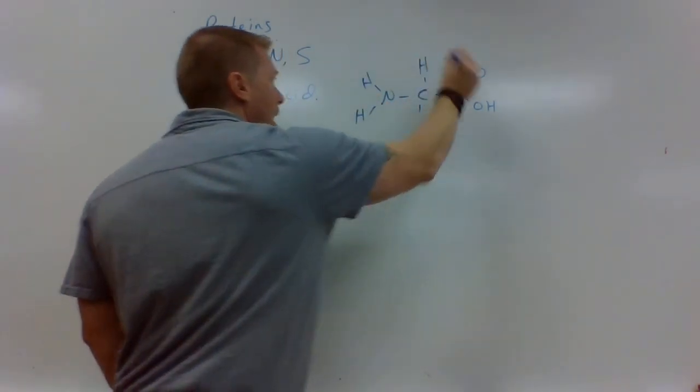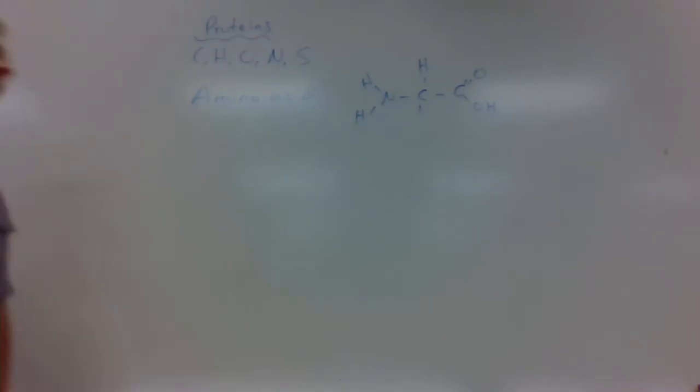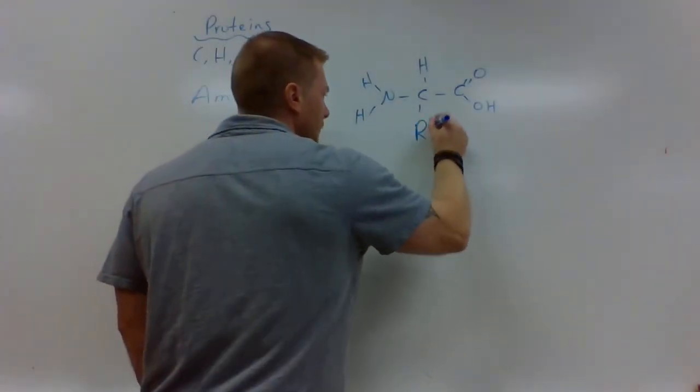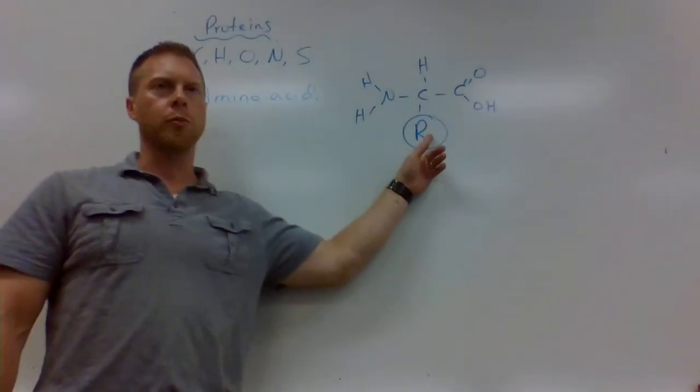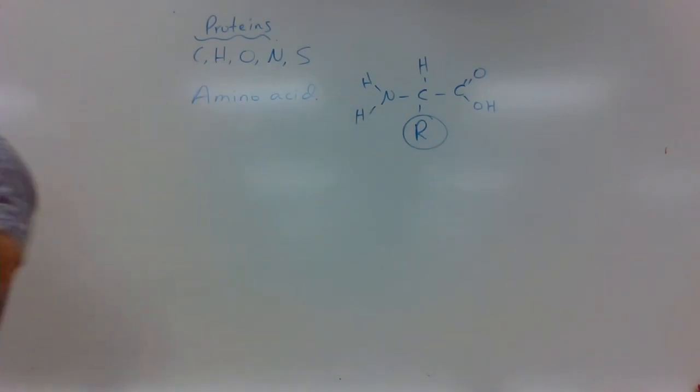They have a hydrogen. And the fourth group is the R group. And it's that R group that makes one amino acid different from another. There are 20 different amino acids, and they differ in their R group. The R group can make it polar, can make it non-polar, can make it acidic, can make it basic, can make it all different kinds of stuff.